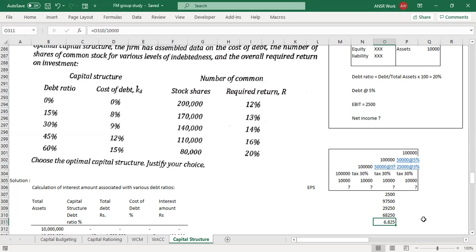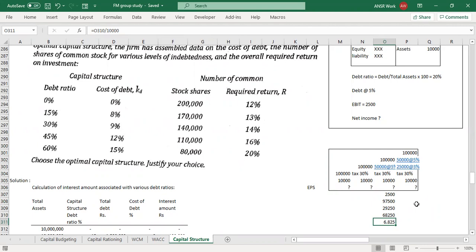Yes. Josie, what is your net income? The final income? So what I did was 1 lakh minus 30,000 minus 2,500, and I divided that by 10,000.